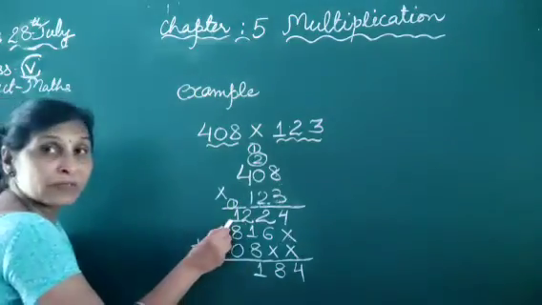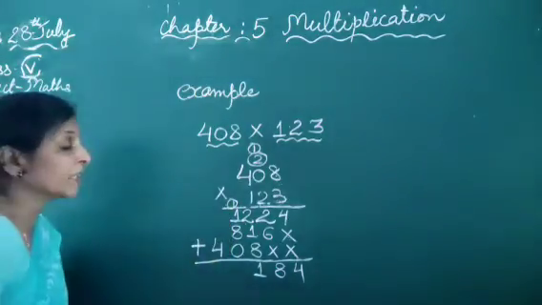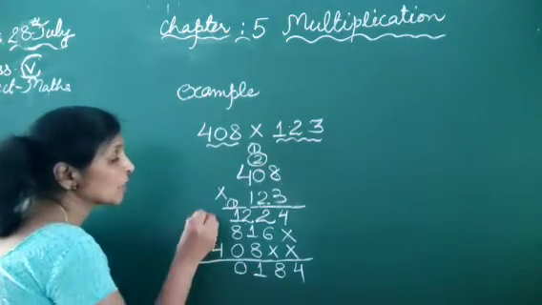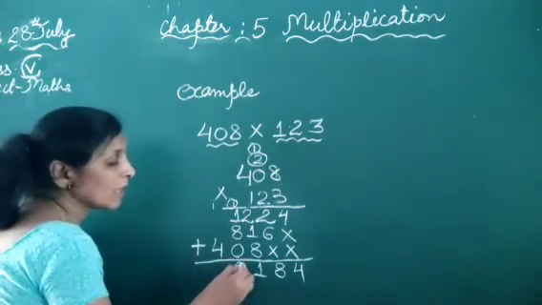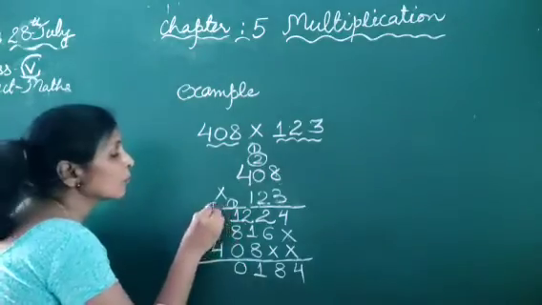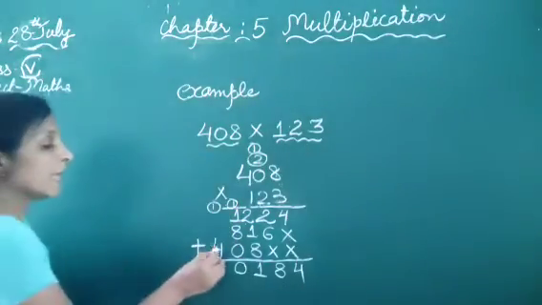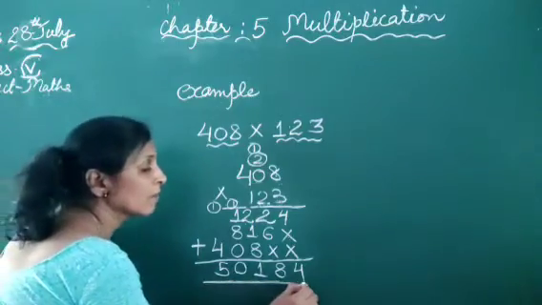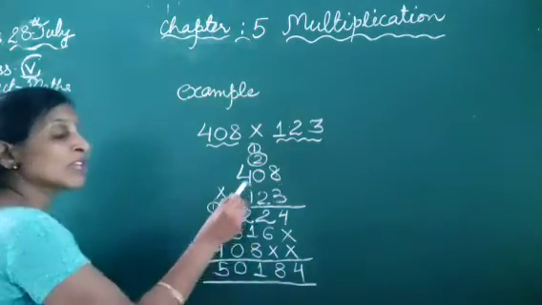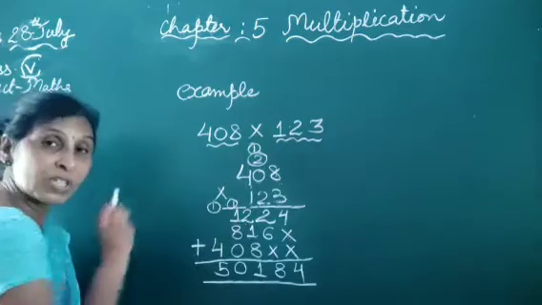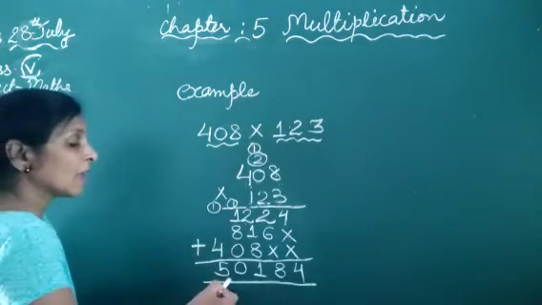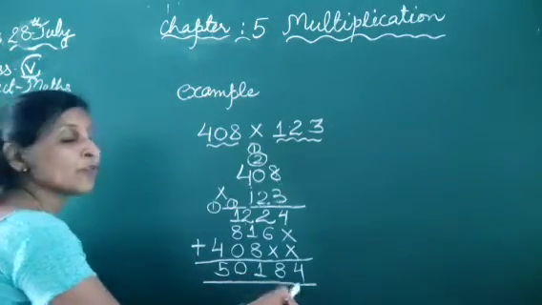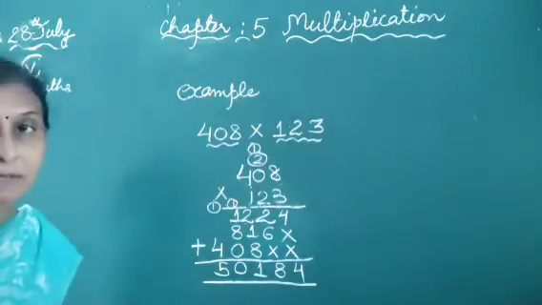Now 8 plus 1, 9, 9 plus 1, 10. We write 0 here and put 1 carry over here. Then 4 plus 1, 5. In this way, we multiply a 3-digit number by a 3-digit number and we get 50184. This is your answer.